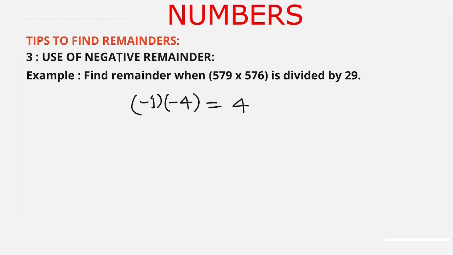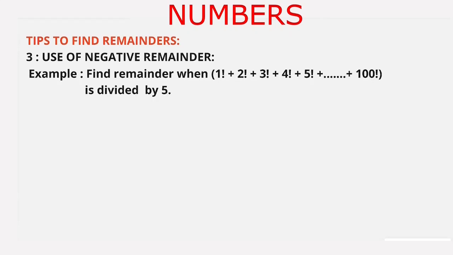So our remainder will be 4 when we divide 579 multiplied by 576 by 29, and this is that easy if we use the concept of using negative remainders, and in a few seconds we can get the answer for finding the remainder. I hope you have understood this concept to use the method of using negative remainder.